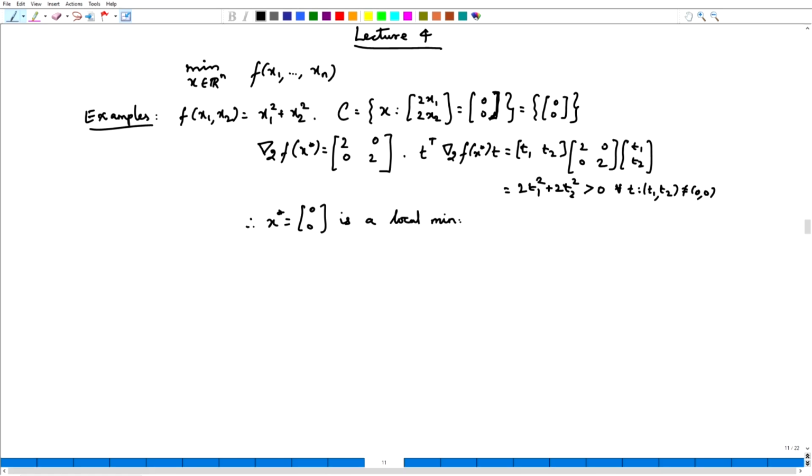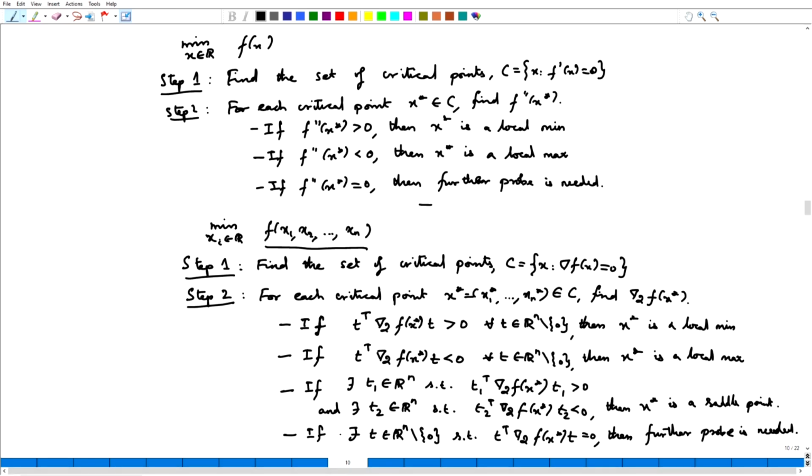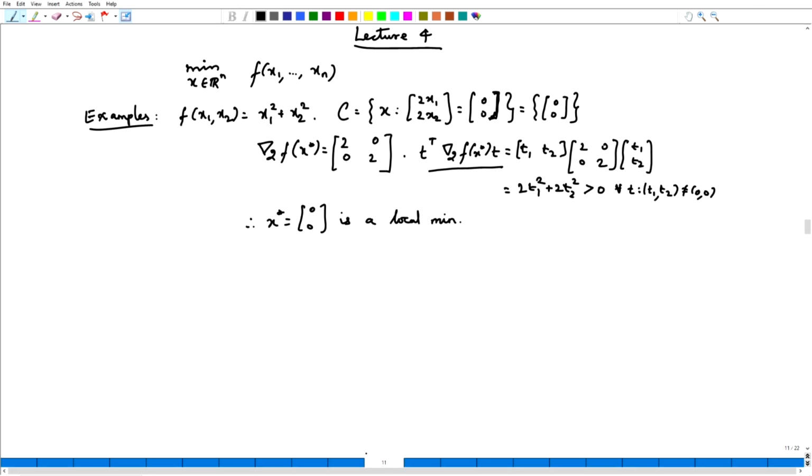Okay. So, you can see that T transpose del 2 f of x star T is greater than 0, and if you see the first condition here, if T transpose del 2 f of x star T is positive, then x star is a local min. So, x star is a local min very clearly.